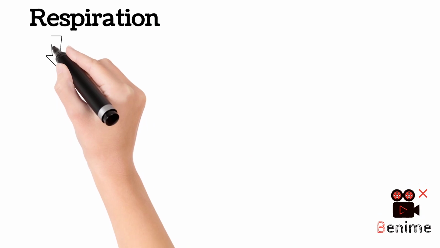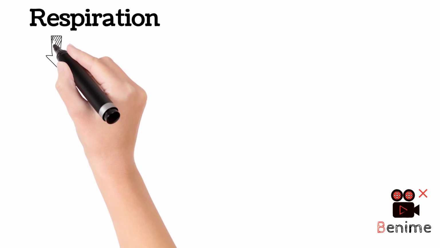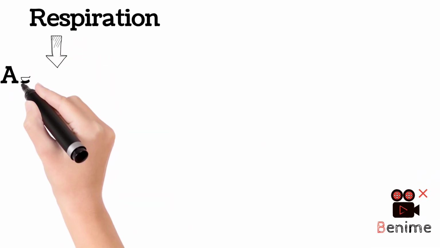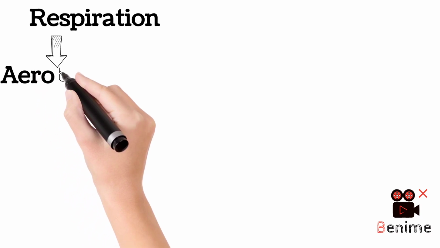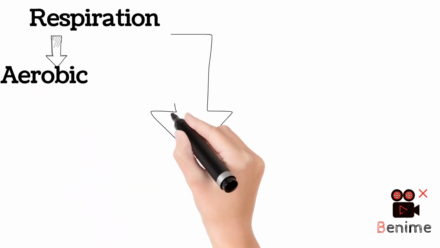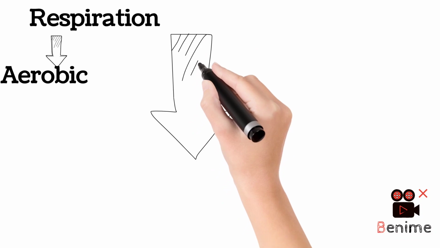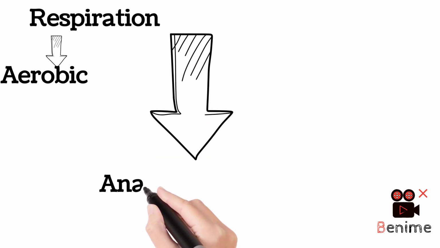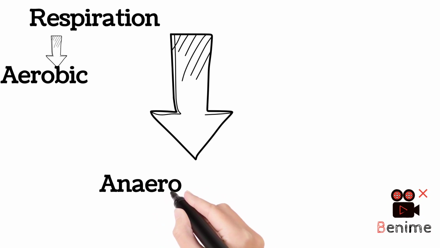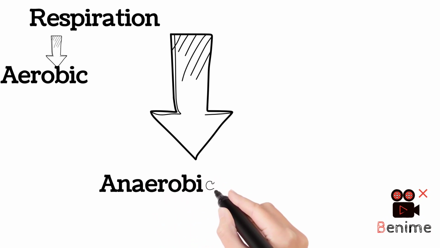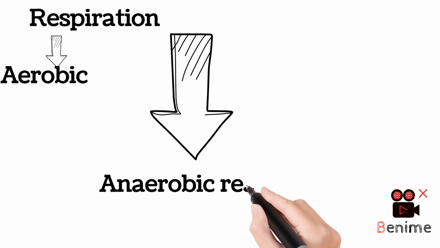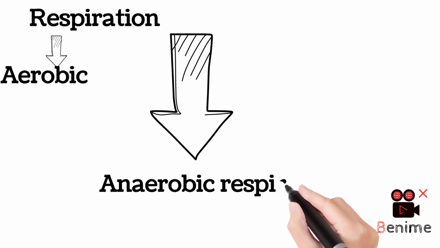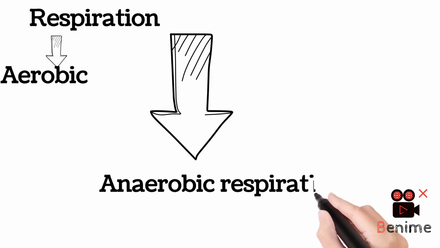Aerobic respiration: respiration in which there is liberation of energy in presence of oxygen is known as aerobic respiration. And anaerobic respiration: respiration which is not dependent on oxygen for liberation of energy, or respiration which takes place without oxygen, is known as anaerobic respiration.